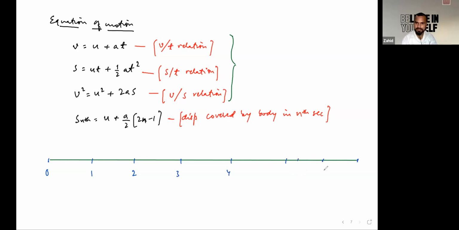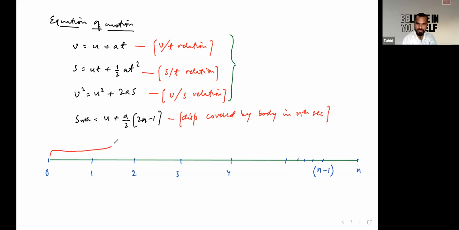Let's say this part is some n minus 1 interval and this part is the n interval. If you use any of these three equations, it will be based on the starting of the journey to that particular point.